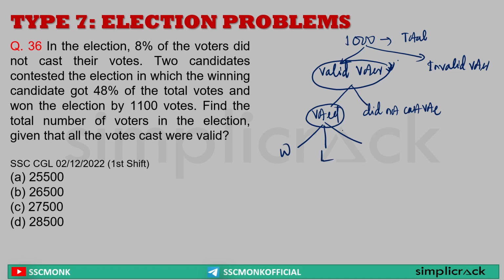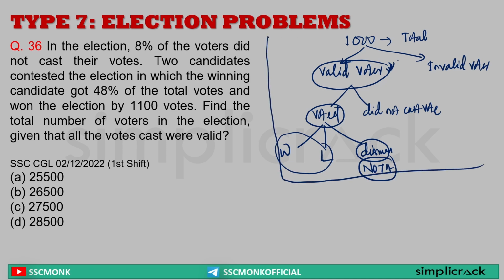And out of these voted candidates, few votes will be dismissed or they were neutral. They did not vote for anyone. They clicked on NOTA, none of the above. So this vote won't be calculated. So only this type of vote will be calculated. So remember this theory and based on this logic we'll be solving this.